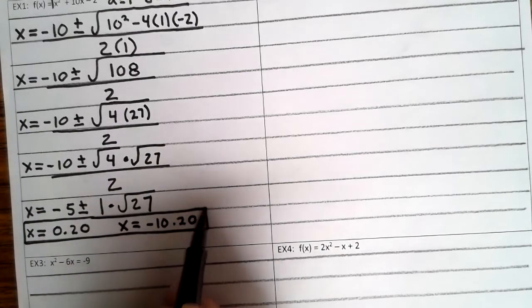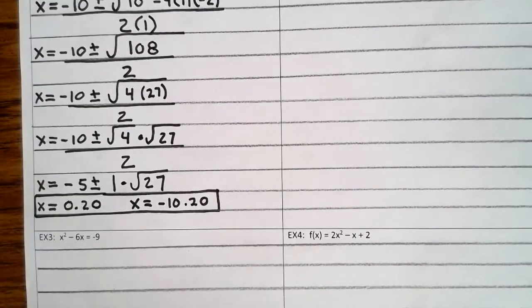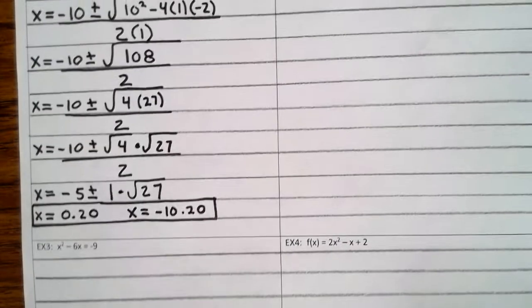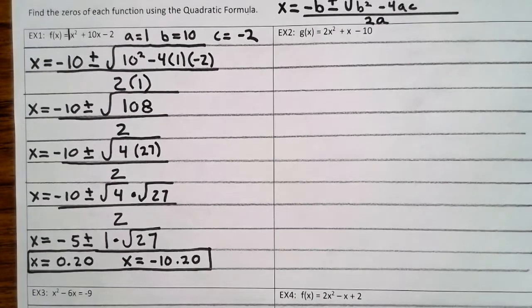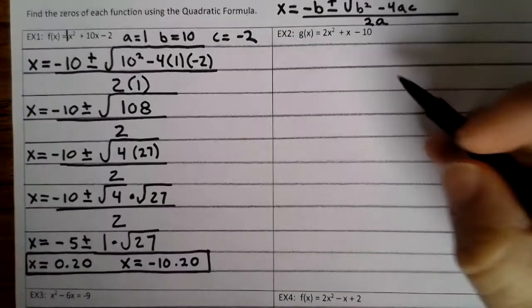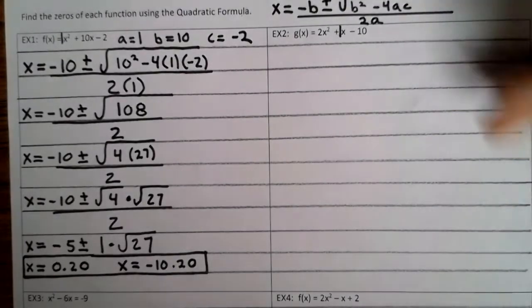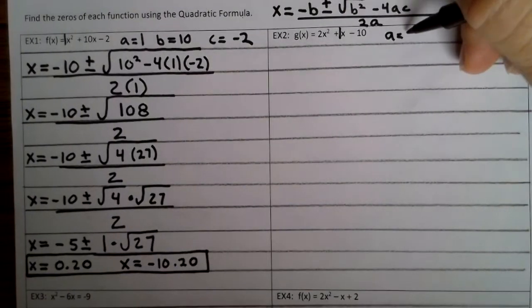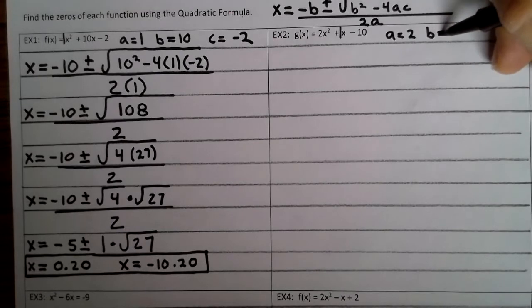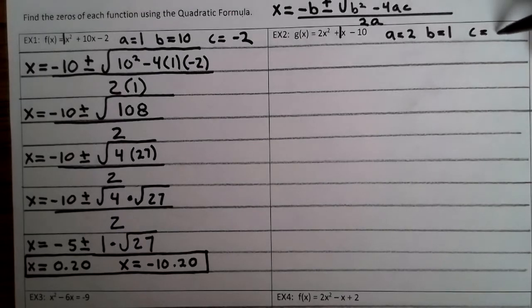All right, so now let's take a look at example 2. The first step is we identify the a, b, and c, and also put a 1 in front of the x. So a is 2, b is 1, c is negative 10. Now we apply those numbers to the quadratic formula.